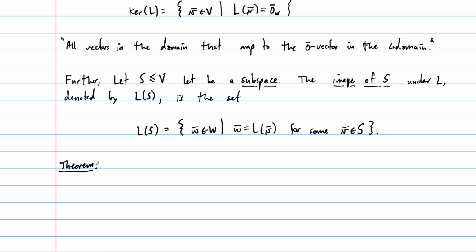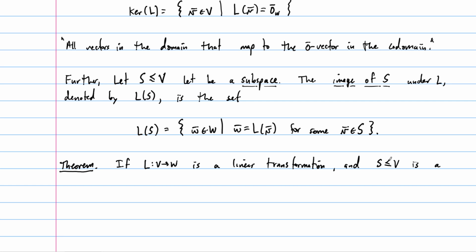All right, and it says the following. If L maps from V to W, so if L is a linear transformation from V to W and S is a subspace of V, I'm going to use this notation again. Remember, if it's a rounded contained symbol here, that just means subset, right?